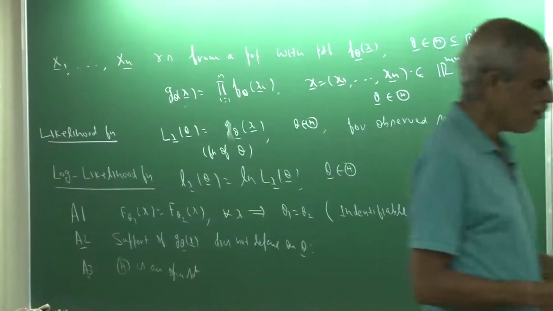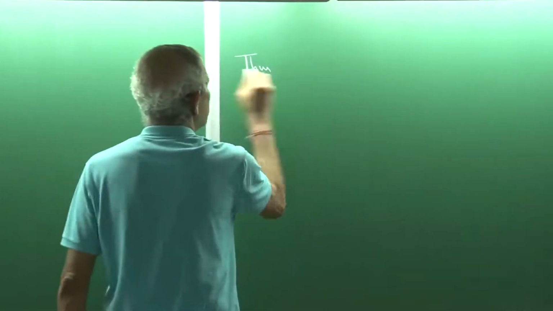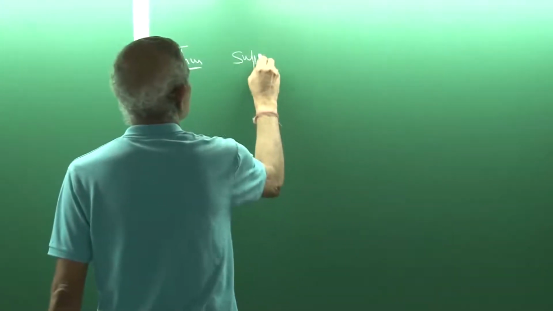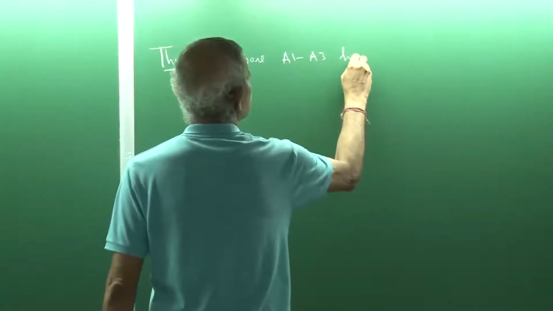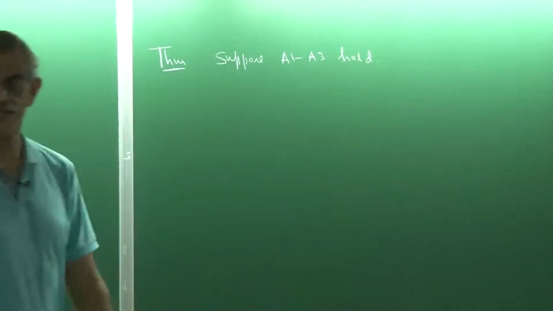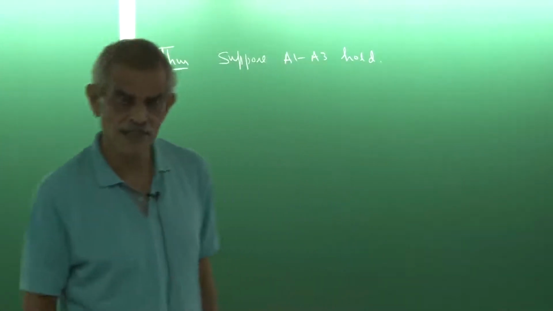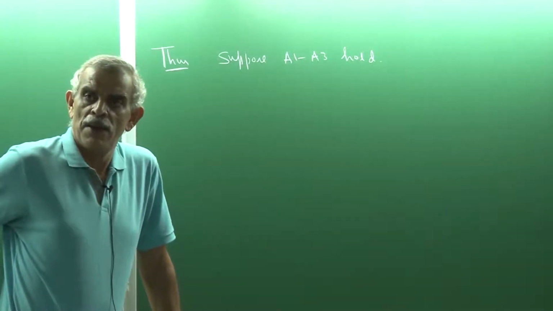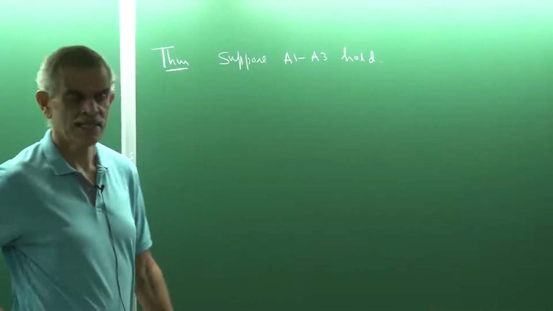So the following results tell you how to identify the MLE in certain situations. So suppose assumptions A1 to A3 hold. What I'm assuming is that those assumptions A1 to A3 hold, which says my model is identifiable, number one. Second thing is my support does not depend on theta, and theta is an open set.